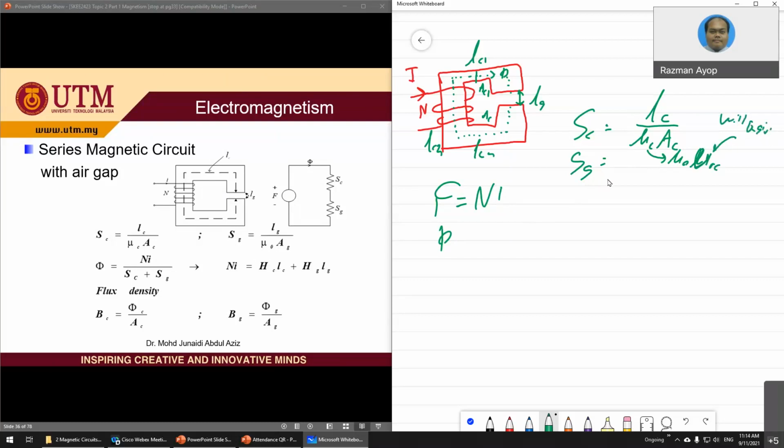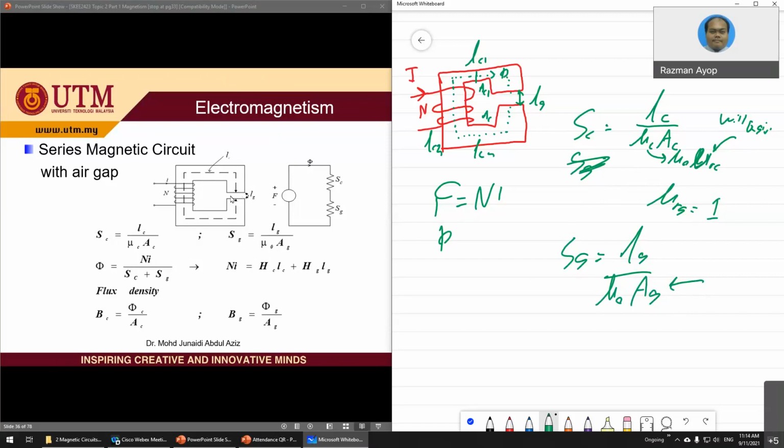SG is also the same, but mu RG is basically 1 because it is a gap. So SG is equal to LG, the length of the gap, divided by mu naught A gap.